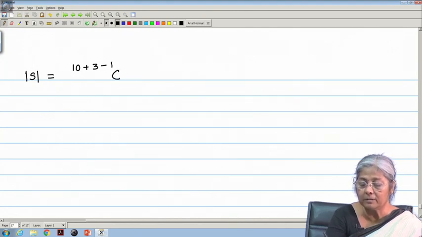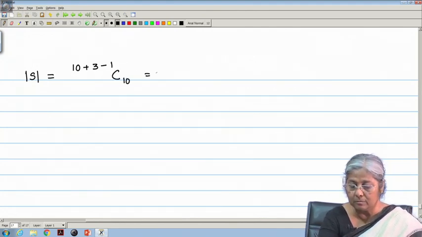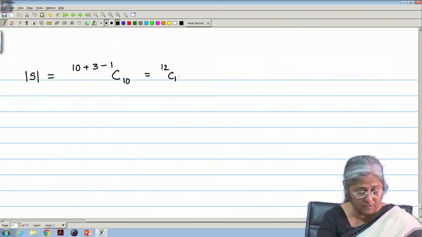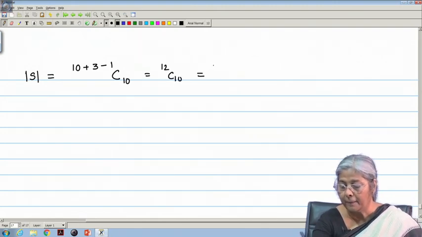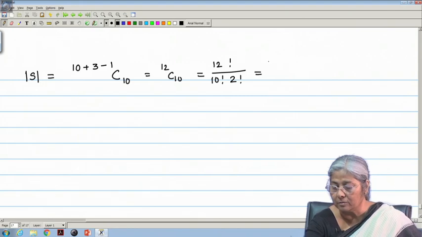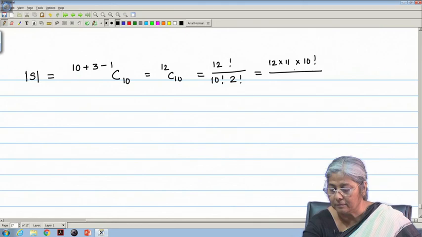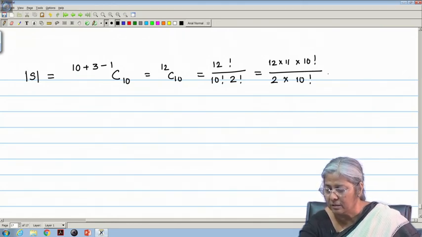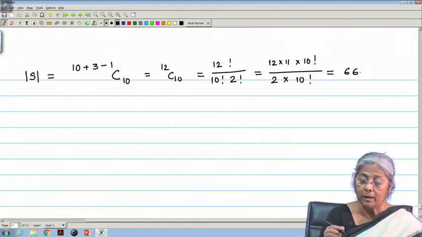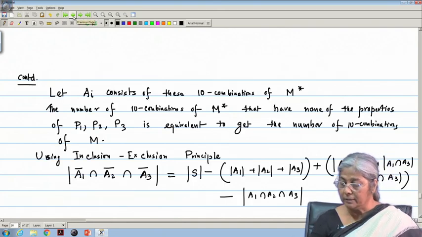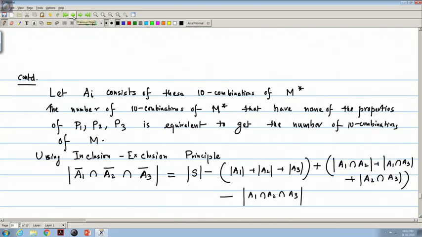So, 10 plus 3 minus 1 C10, which is 12 C10, equal to 12 factorial divided by 10 factorial into 2 factorial, which is 12 into 11 into 10 factorial divided by 2 into 10 factorial, equal to 66. Now, I have to calculate the other values.